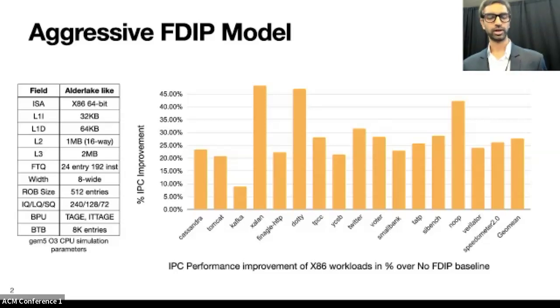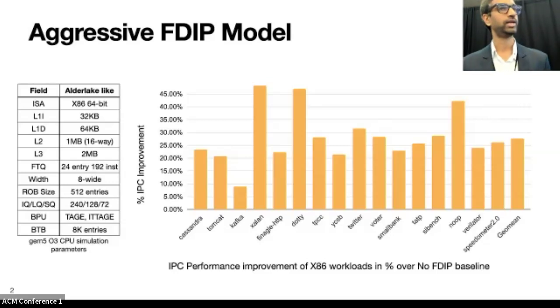Here is a plot showing 16 data center workloads, and since the performance of FDIP depends on the branch prediction unit, we made a lot of fixes to Gem5 and also improved the branch prediction unit. After all these fixes, we see a 27% geomean speedup across 16 data center workloads. The parameters used are close to an Alder Lake-like CPU, as shown on the left in the table.